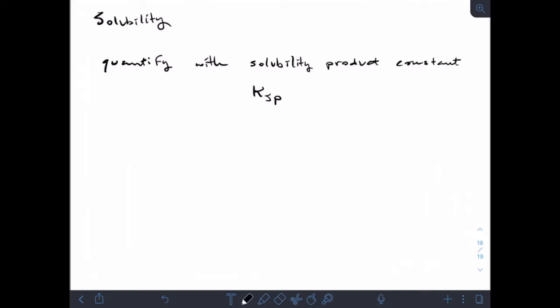Okay, so when we're dealing with solubility, we're talking about things dissolving, so a solid becoming ions. So the definition reaction is the solid dissolving.